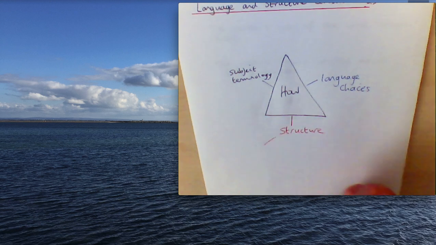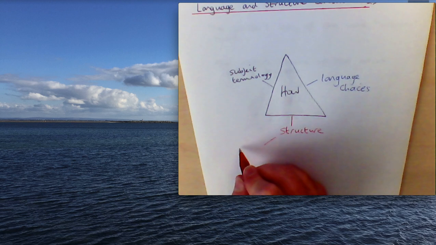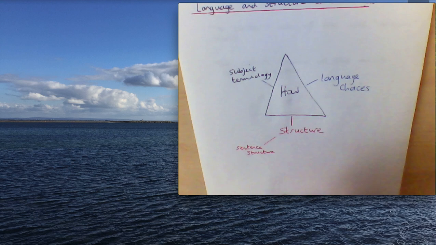So obviously when you're writing about structure, you are going to want to probably look at sentence structure. That might well be rhetorical devices like rhetorical questions, the use of the tricolon or the list of three, things like that. Or you might want to comment on the variety of sentence structure, for example, short sentences for impact and effect.